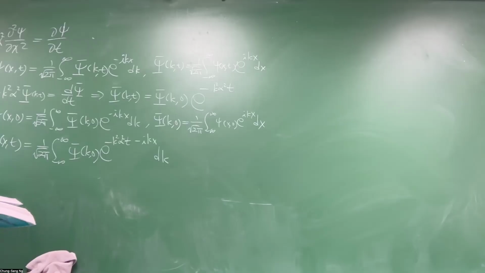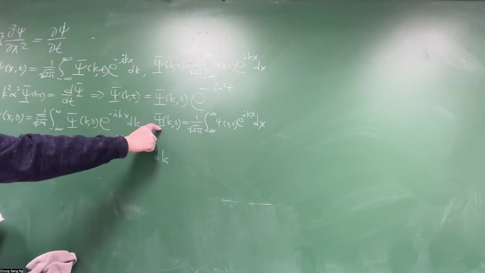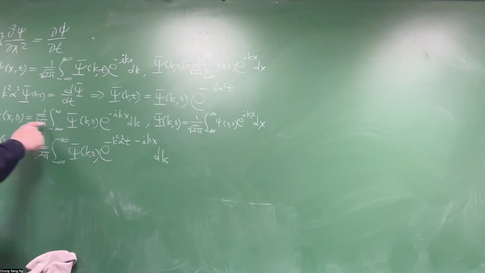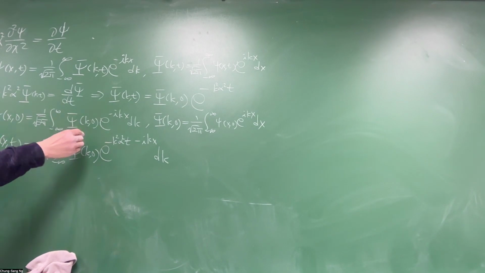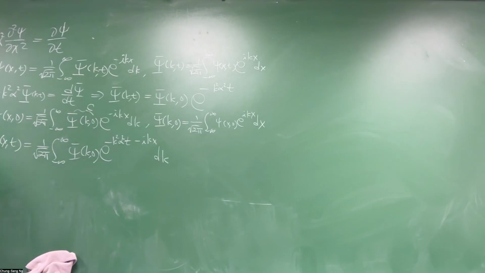The rest is just a specific case. The specific case is that if this capital psi at k, 0 is a constant, call it C. I think your text will call it C. We just went through that. Yeah, delta function.